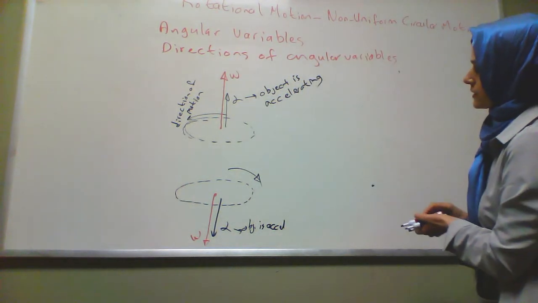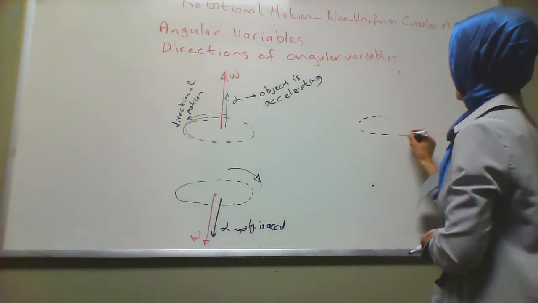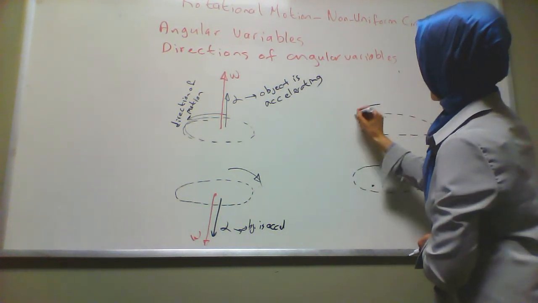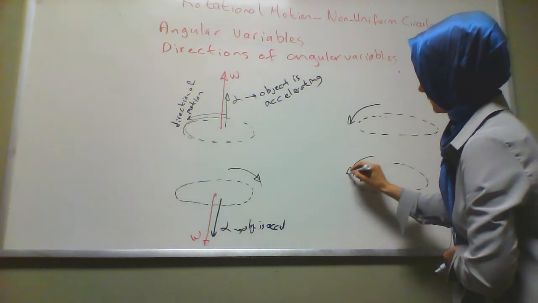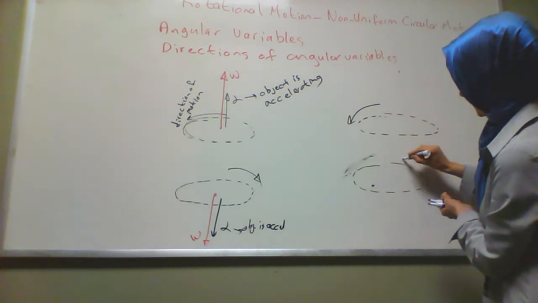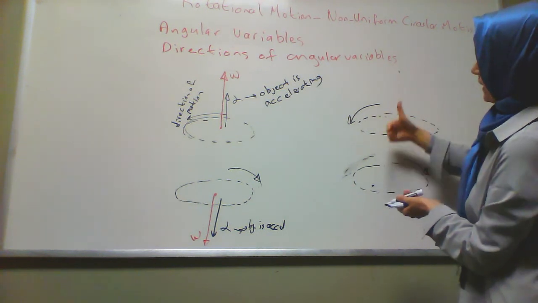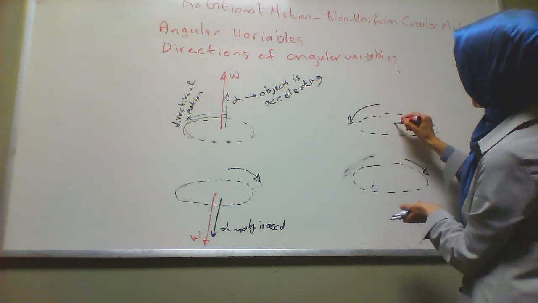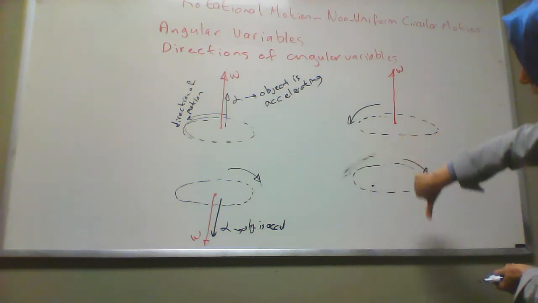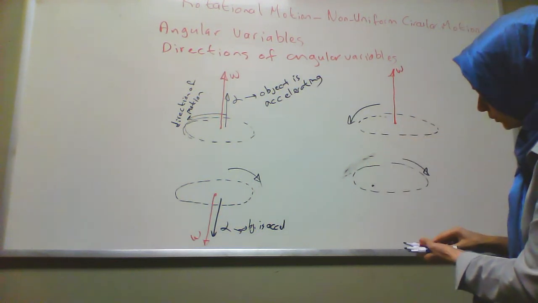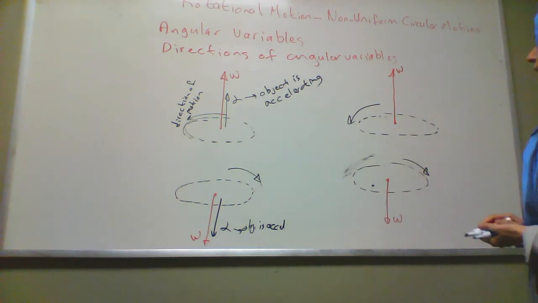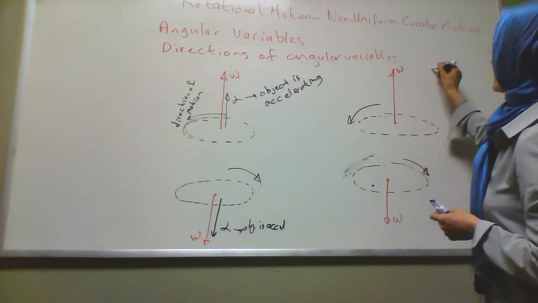If the object is decelerating, let me draw them in here as well. Let's say we have the same directional rotation. We'll wrap our hands, this was the opposite, sorry. Wrap our hand, direction of angular velocity, upward here. Wrap our hand, direction of angular velocity, downward. And the object is decelerating now.